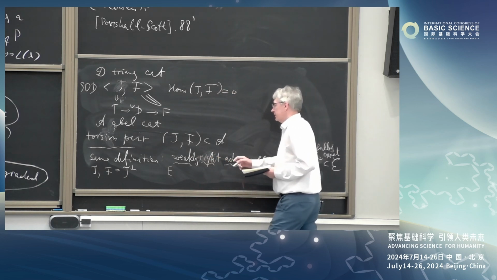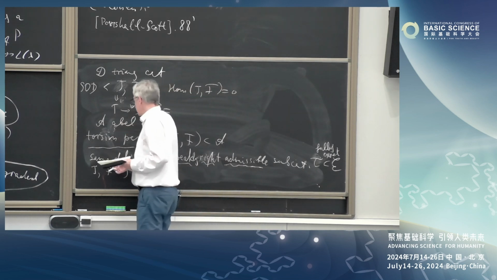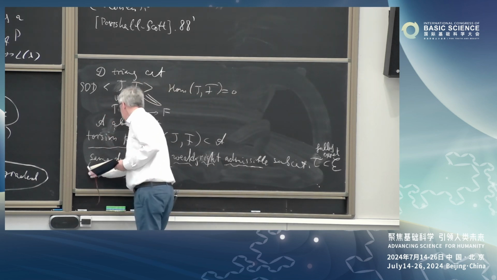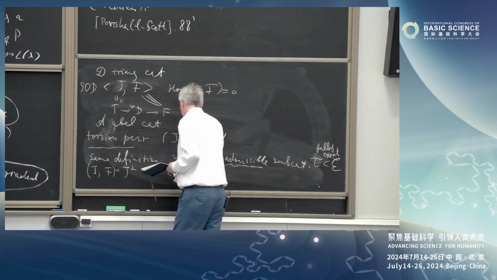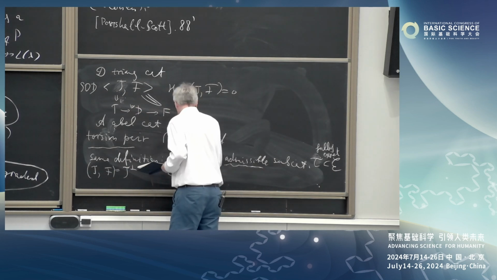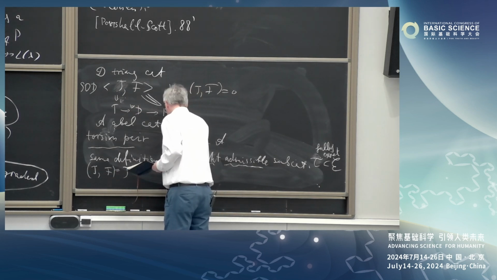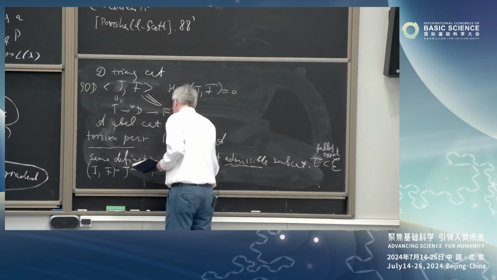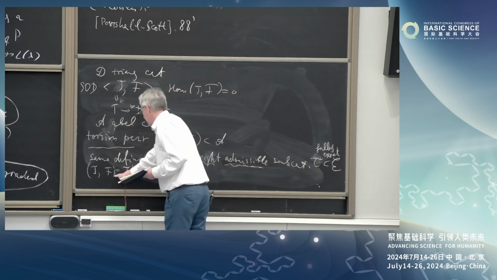if you have this, if this is a torsion pair or semi-orthogonal decomposition in this sense, meaning every object E in this category, curly E, is decomposed into an object of T and an object in the orthogonal.